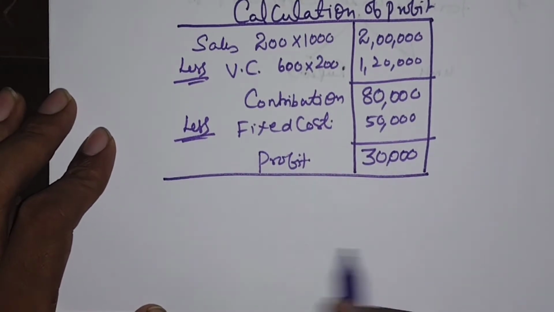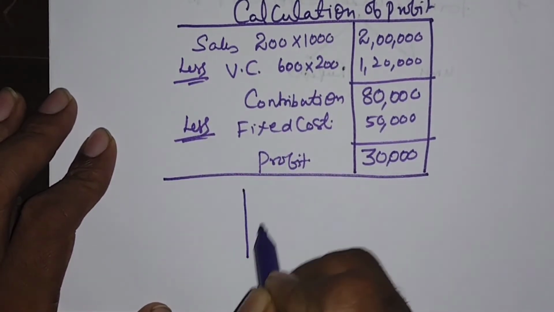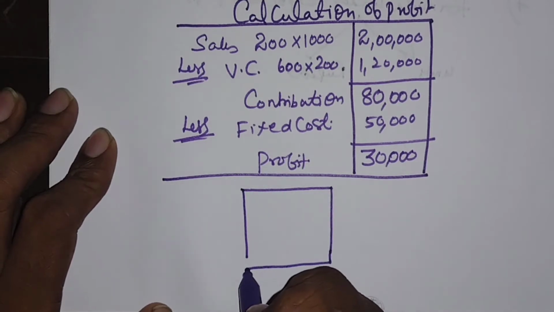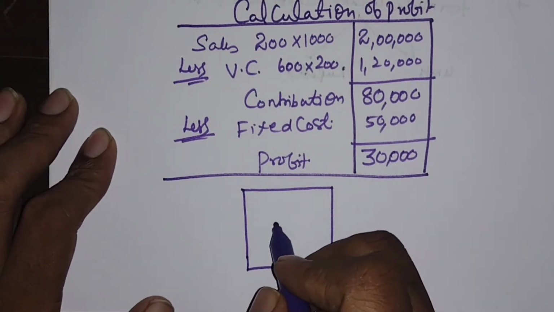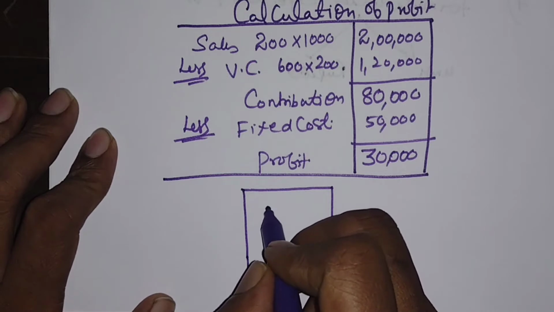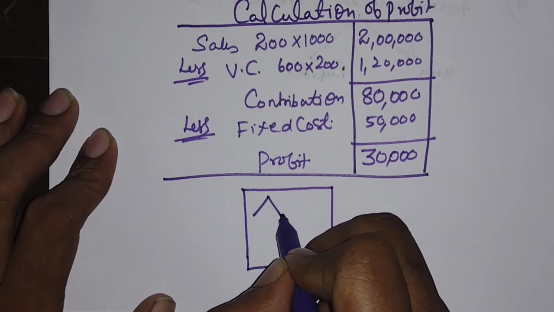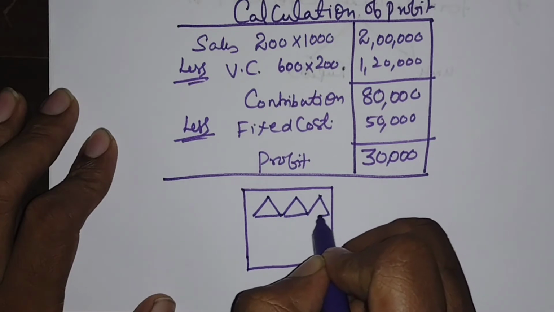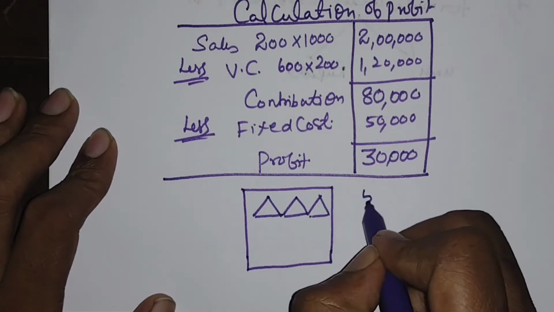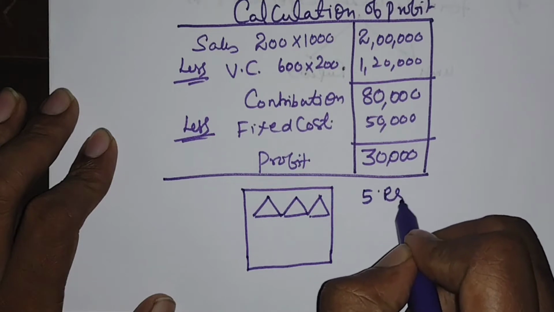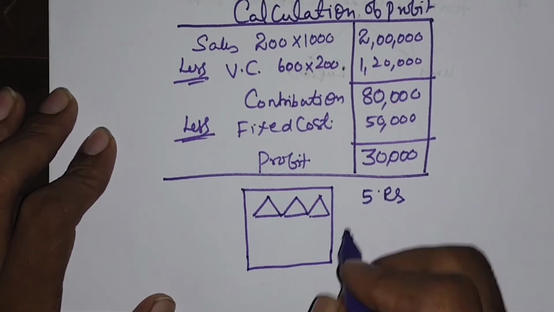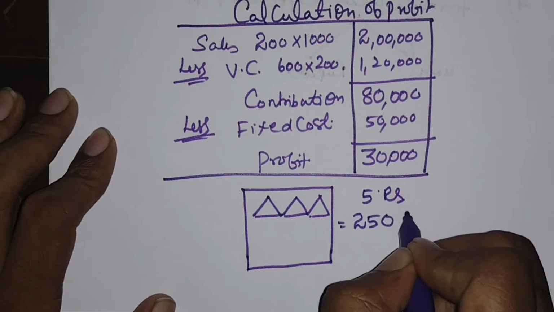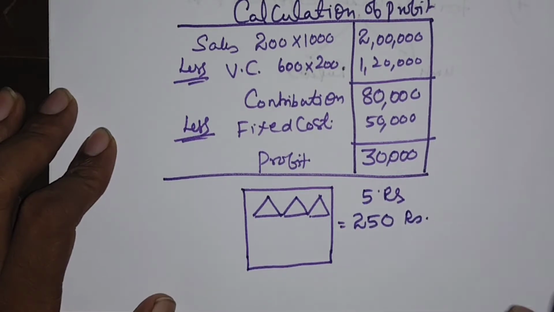Now before going to that, there is a shop in a market. That shop is manufacturing and selling some snack items. Assume he sells 1 unit at 5 rupees. Every day he pays rent of 200 to 250 rupees.